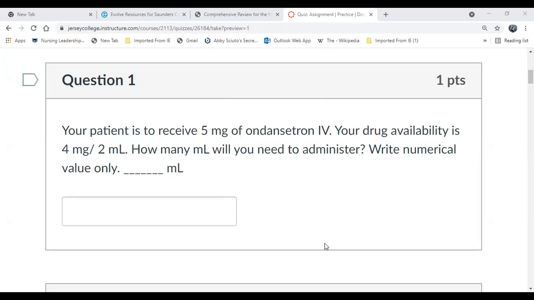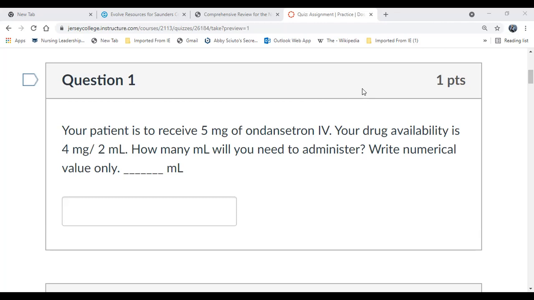The best thing with drug calculations is to look at what the question is asking you, and then always look at your answer. How does your answer end up? For this one, the question is asking how many mLs will you need to administer? And it wants us to write the numerical value in mLs only.